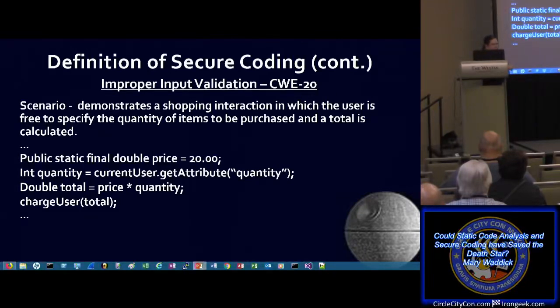Guess what happens? The person actually, instead of getting debited, will get credited. So that's why people should always check for things like this. They should always validate your inputs.